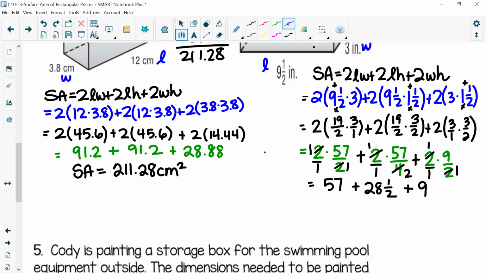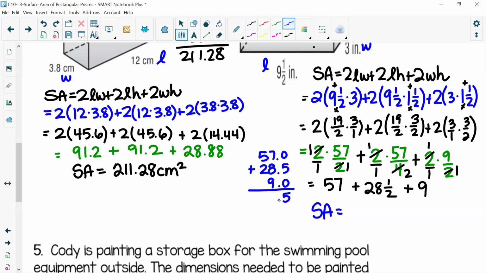So now we have surface area, and we're going to add those. We have 57 plus 28 and a half plus 9. So we're going to stick with the half.